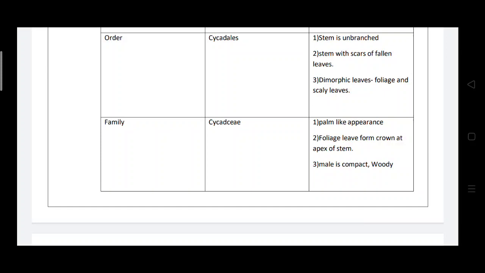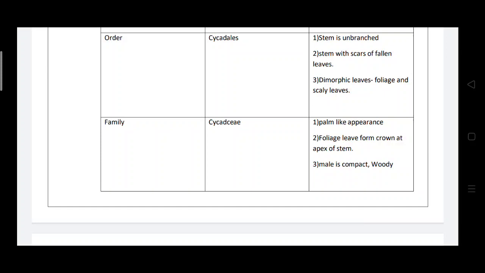Then the next character is that the foliage leaves form a crown at the apex of the stem, as you see in the coconut plant. In the coconut plant the leaves are present at the apex of the stem. Same in the Cycas plant.